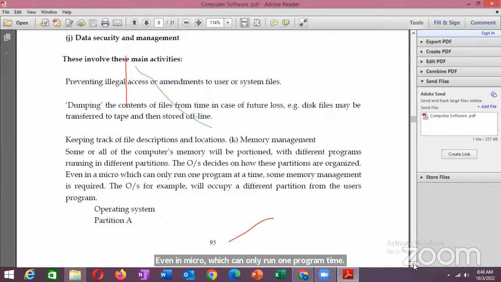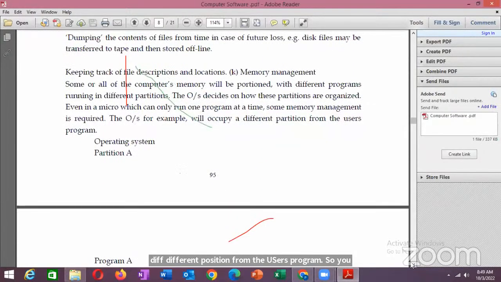So the operating system, for example, will occupy a different partition from the user's program. If you go to the C root, you will find that the operating system is still in partition A, which is the C.